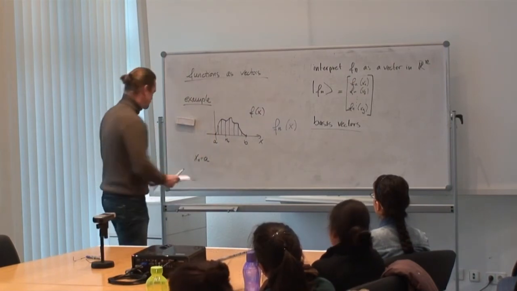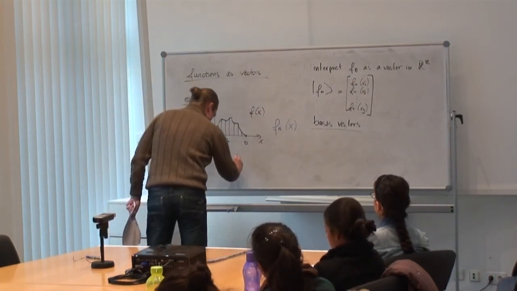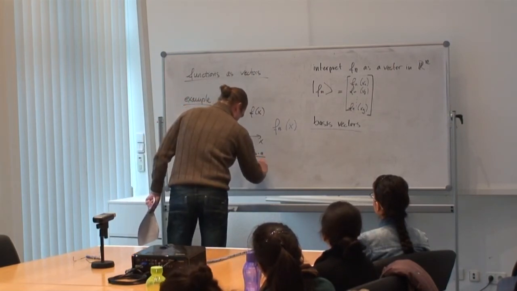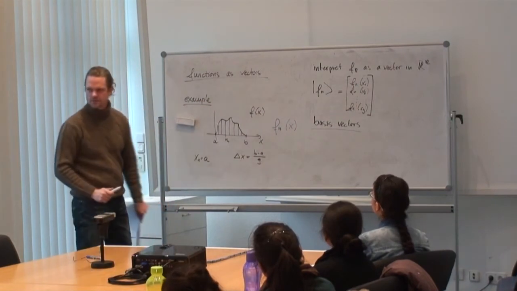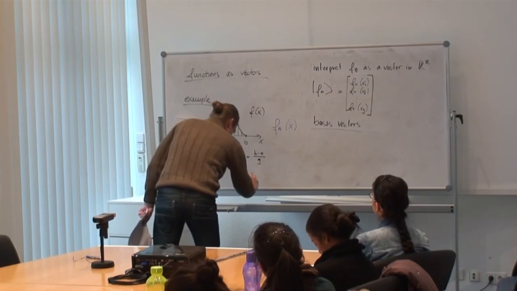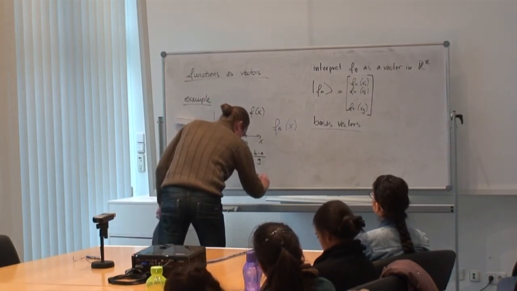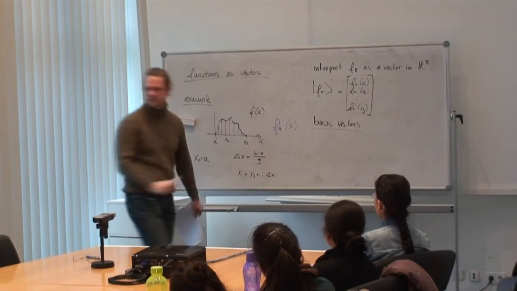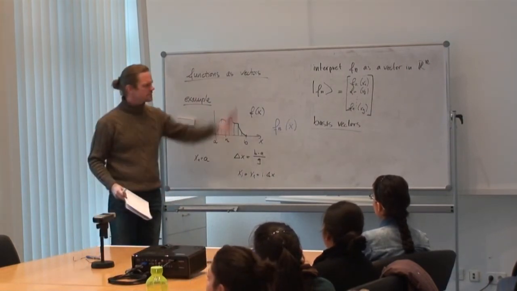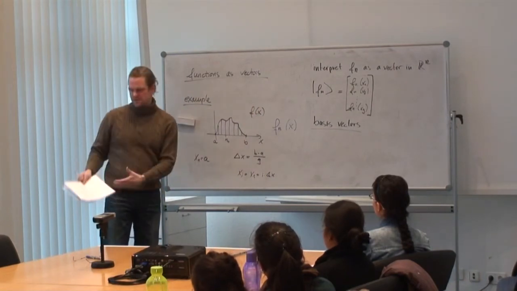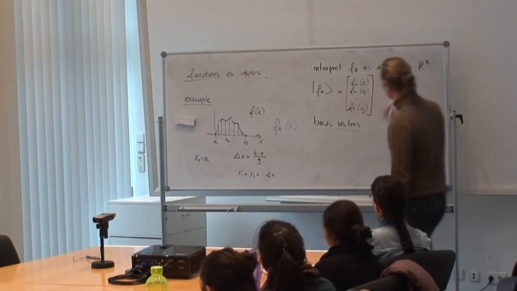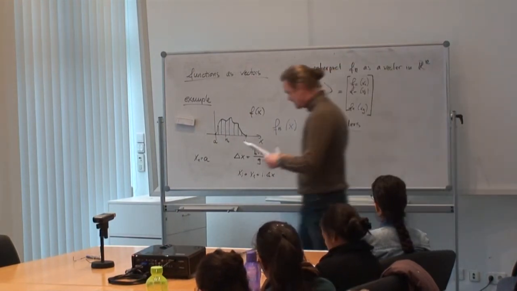And then we introduce something called delta x, which is b minus a, in our case divided by 9. And then we would say that xi is x1 plus i times delta x, something like this. We don't really need that. But you're right, they are lost, but not necessarily so. But still, let us discuss those things.